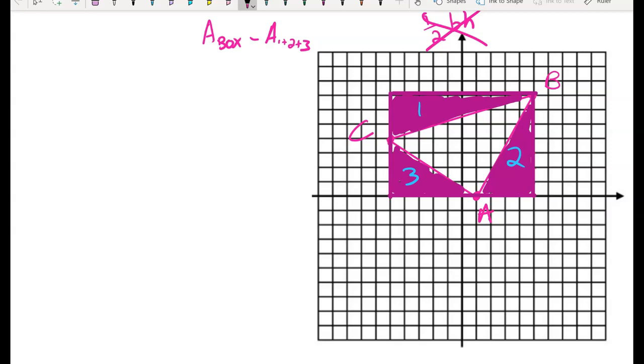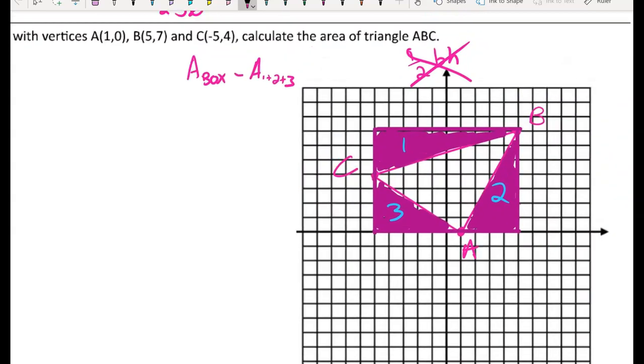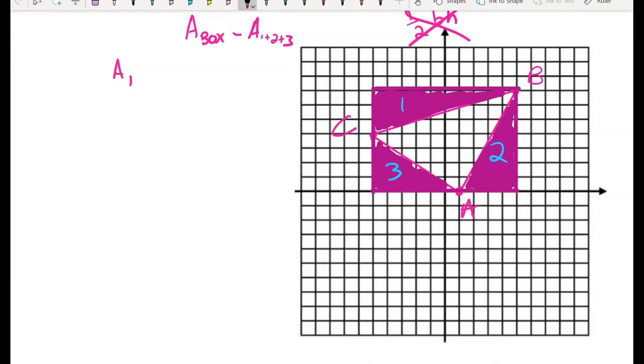So for the area of triangle 1, that's just going to be 1/2 the base times the height. And if I count boxes here, that base is 10, and the height going down is 3 units. So that's 1/2 3 times 10, or 1/2 of 30, which is 15.